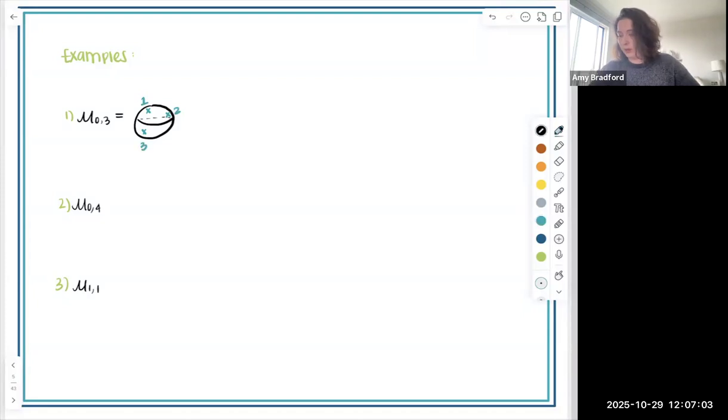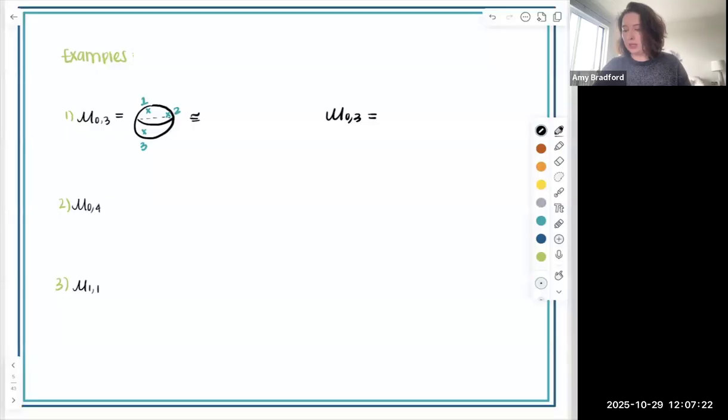And I want to build my moduli space so that the points of this moduli space correspond to isomorphism classes of genus 0 curves with 3 marked points. So we need to study what are all the types of curves that we can have that are of genus 0 with 3 marked points.